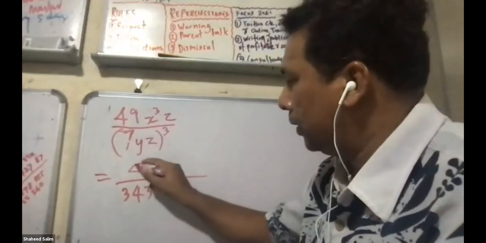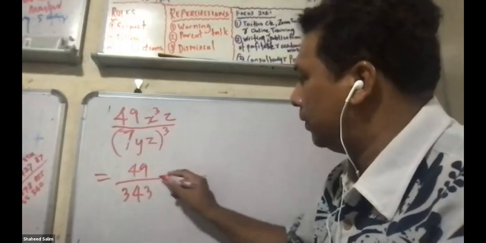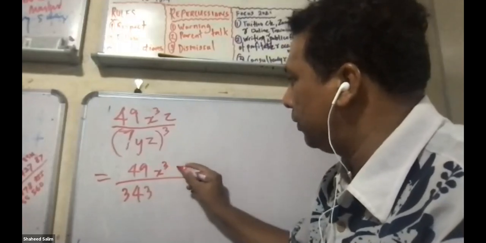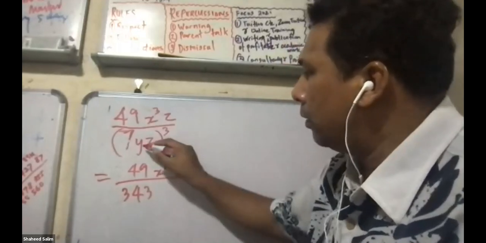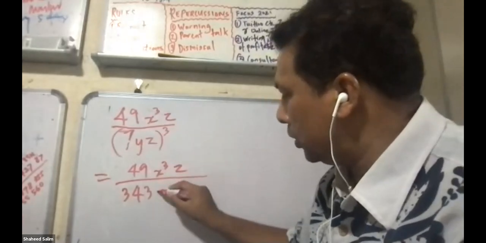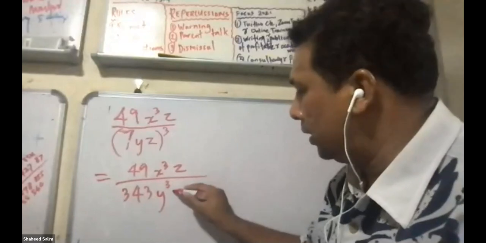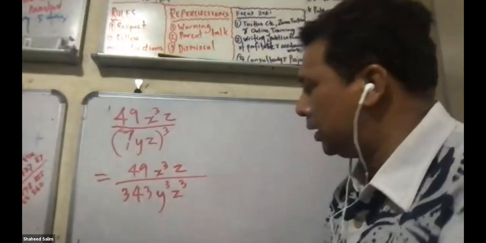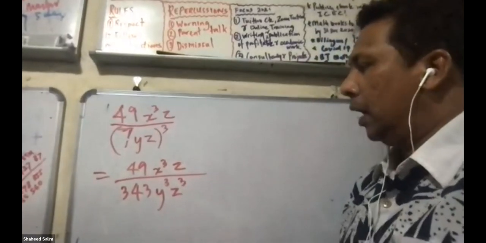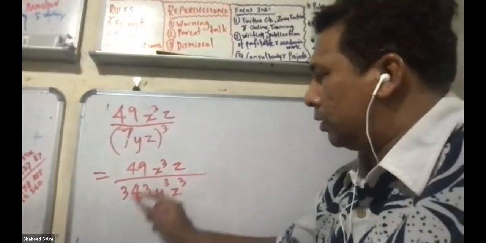Below is 49. But remember, you can cancel these two. X to the power of 3, Z. Now, Y cube is also here. Z cube also here. So I can cancel.